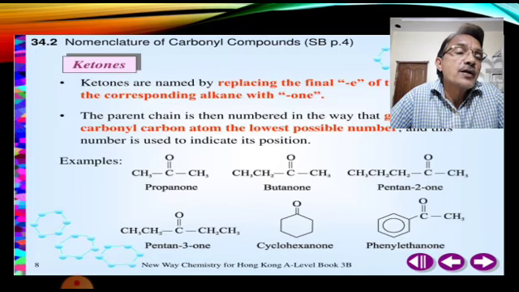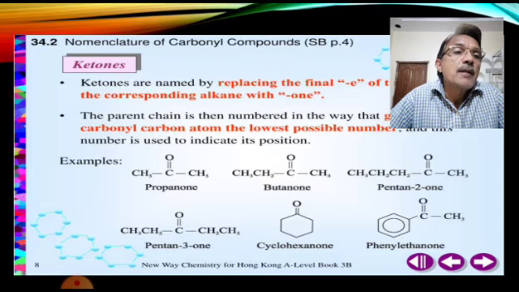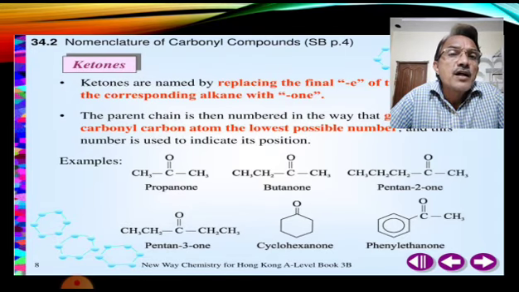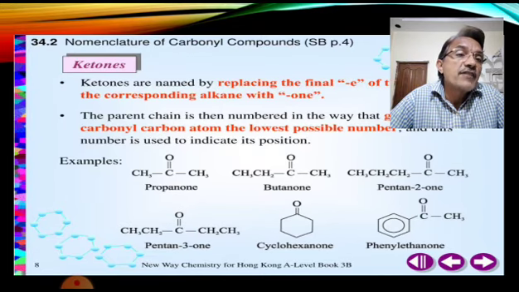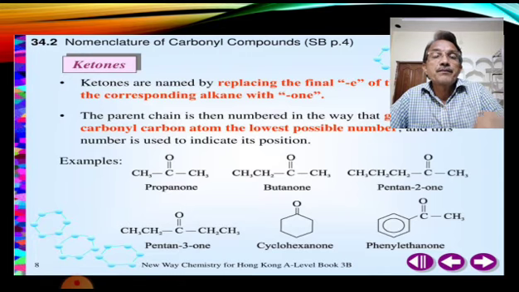Pentanone: this is methyl propyl ketone. Pentan-3-one: here the carbonyl group is found on the third carbon atom, therefore pentan-3-one. Cyclohexanone and phenylethanone are various other examples of ketones.